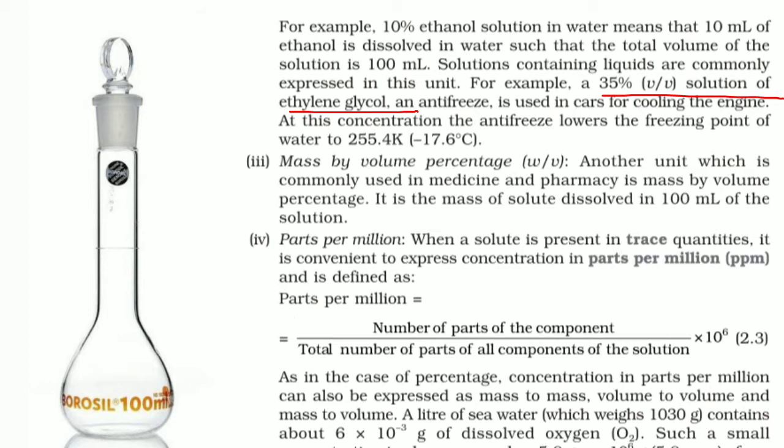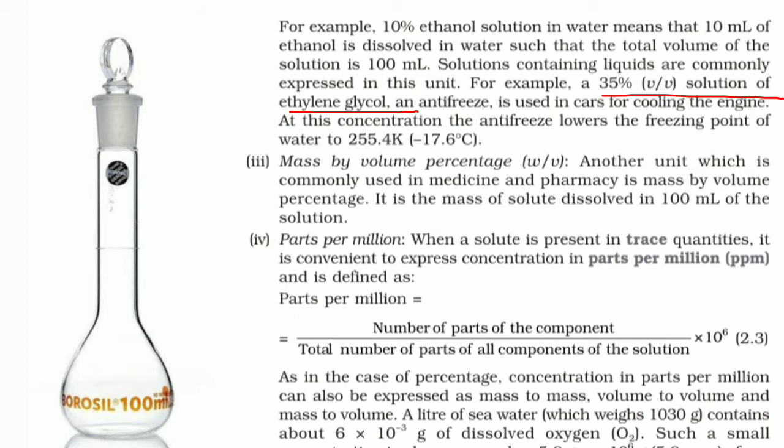If the water freezes, it cannot circulate in the engine to cool it down. So ethylene glycol is used as an antifreeze, which will decrease the freezing point of the water to minus 17.6 degrees.